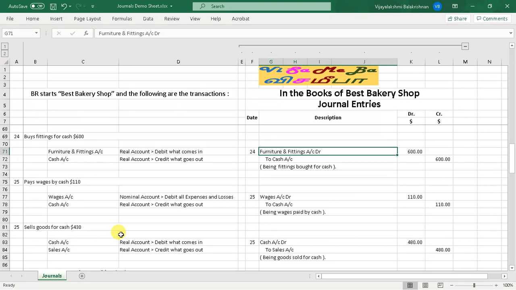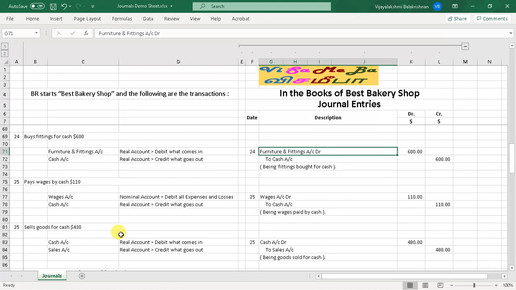So we use both the debit and the credit rule of real account to complete this journal. Furniture and fittings account debit to cash account $600, being fittings bought for cash.